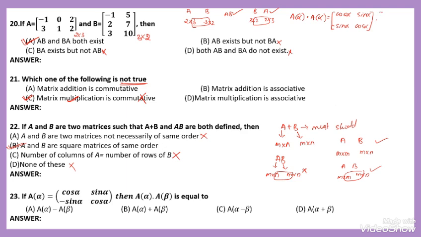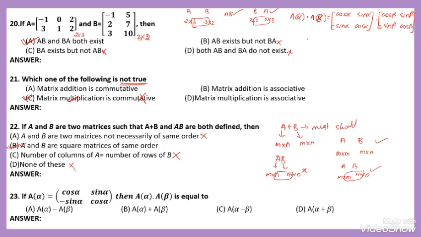Again, for the multiplication, A of beta. So wherever alpha is there, I will change it to beta. That is cos beta, sin beta, minus sin beta, cos beta.